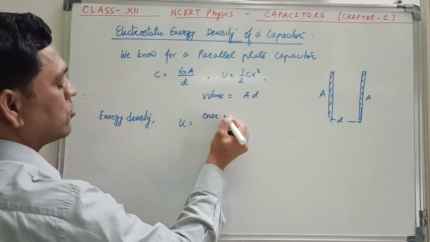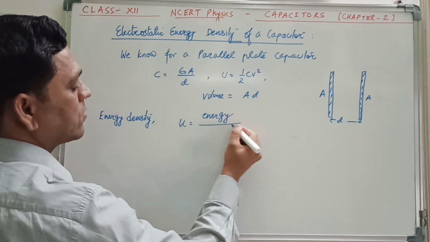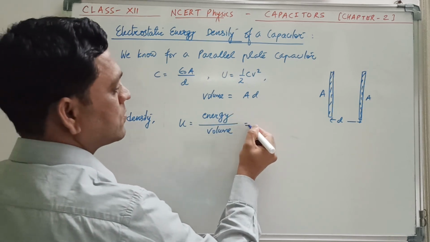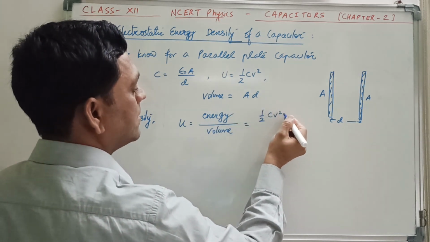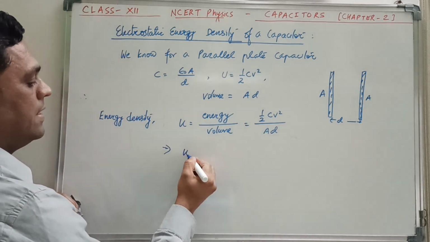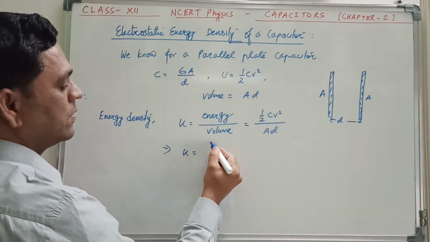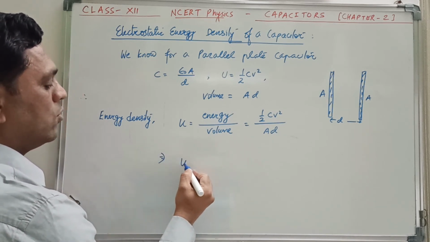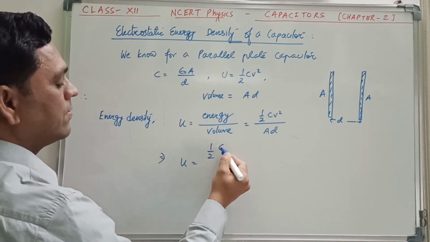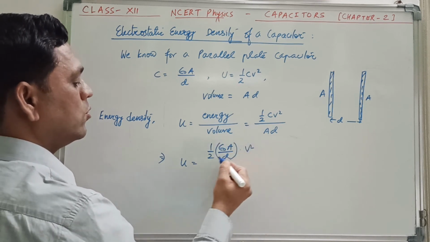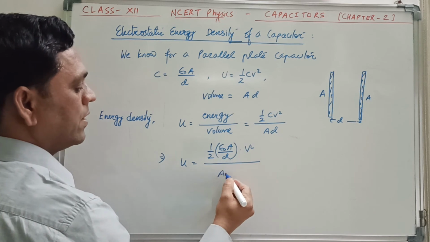So I write energy density is equal to energy upon volume. What is energy? It's half CV square upon AD. Hence U is equal to, putting the value of capacitance, half epsilon 0 A upon D into V square upon AD.